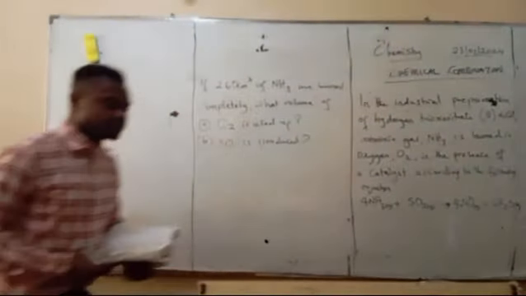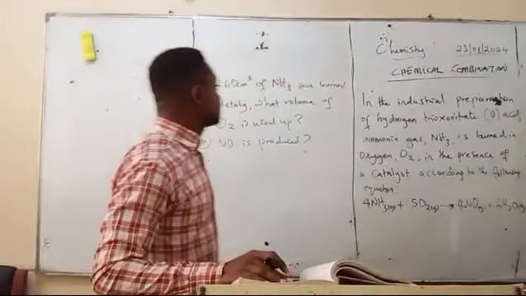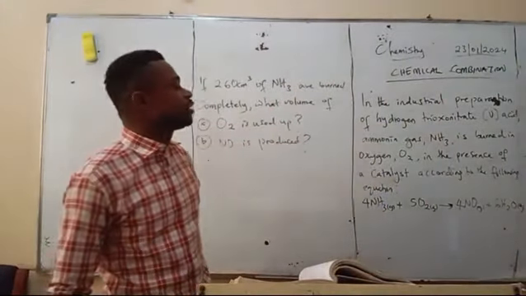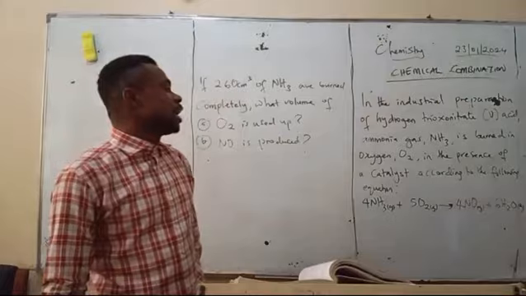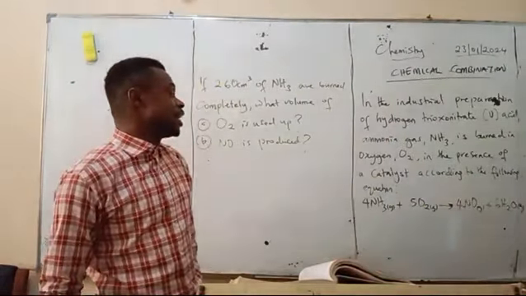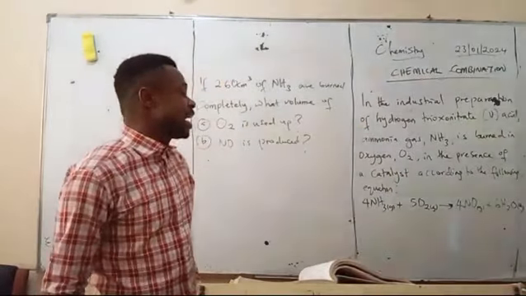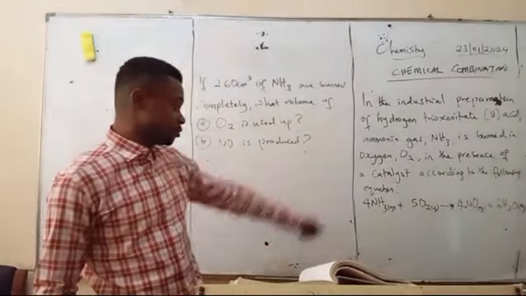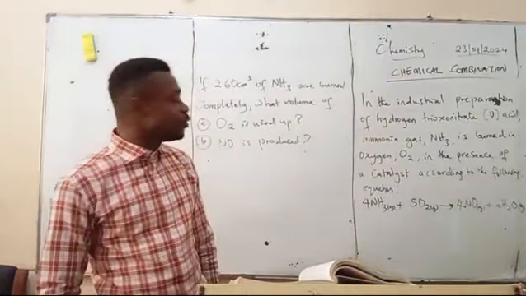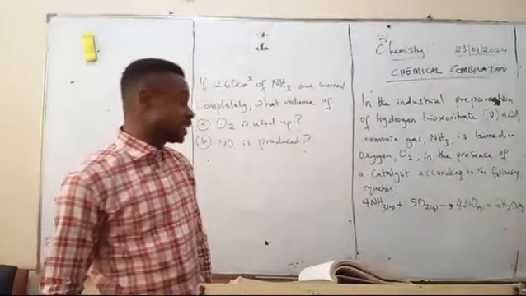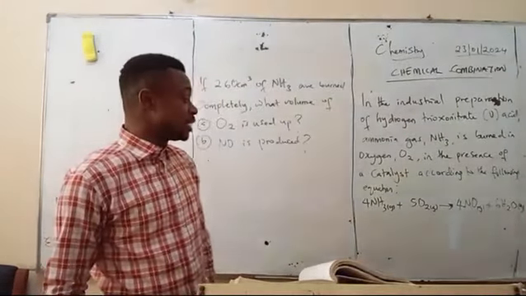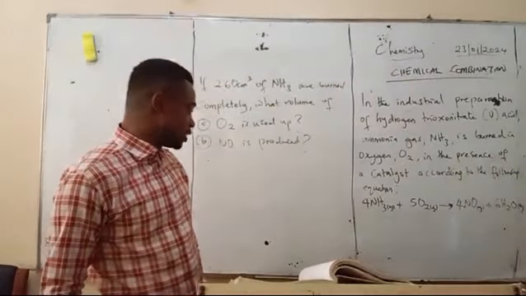Okay. The question says, in the industrial preparation of trioxonitrate(V) acid, ammonia gas is burned in oxygen in the presence of a catalyst. According to the following equation, 4 moles of ammonia gas plus 5 moles of oxygen gas gives 4 moles of nitrogen(II) oxide and 6 moles of steam.